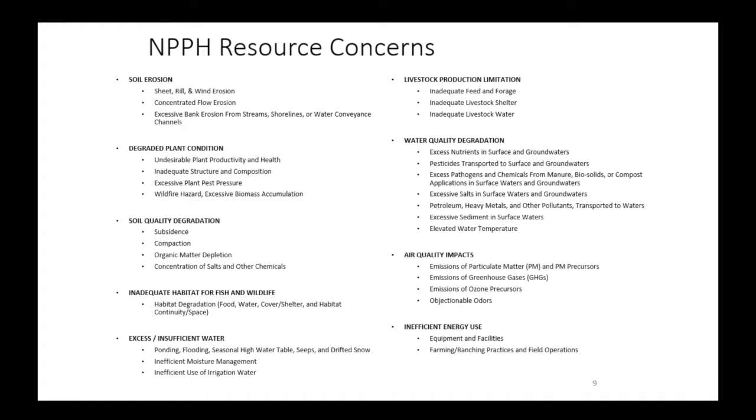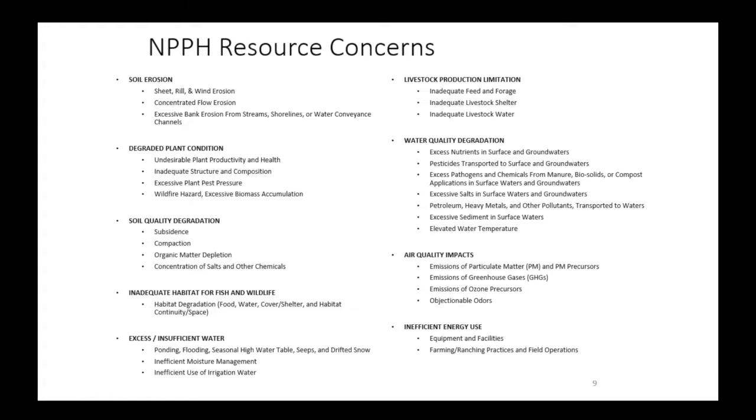So in the National Planning Procedures Handbook, it refers to resource concerns, and everything that we are going to start to look at as possible solutions in the planning process evolves around resource concerns. And we've identified, lumped together these resource concerns, and there's 9 of them.